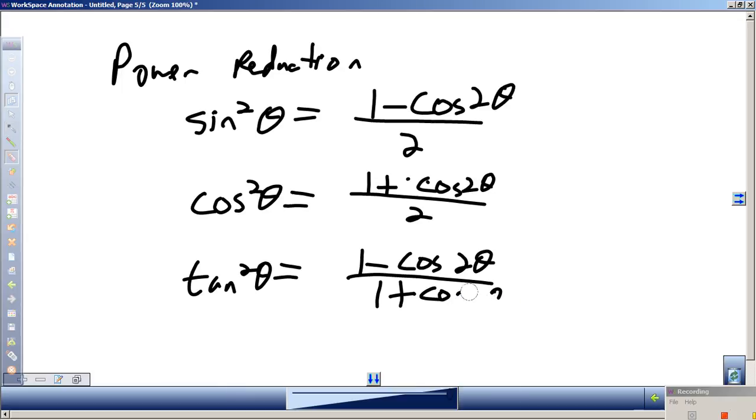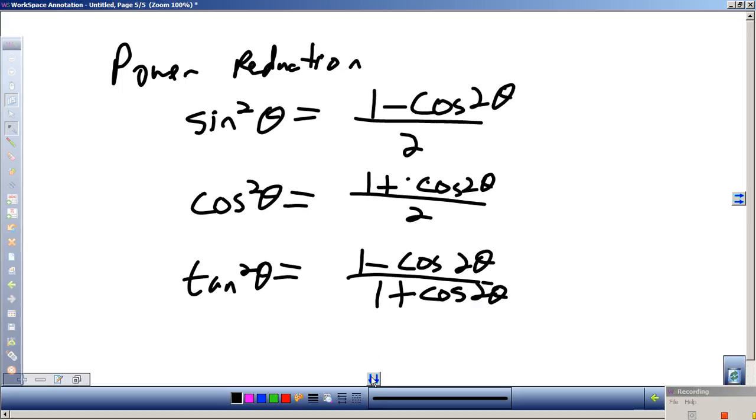And now that's just sine over cosine. Now, you'll have problems in the homework that say reduce this expression to only first powers of cosine.